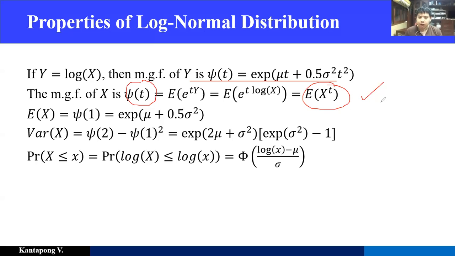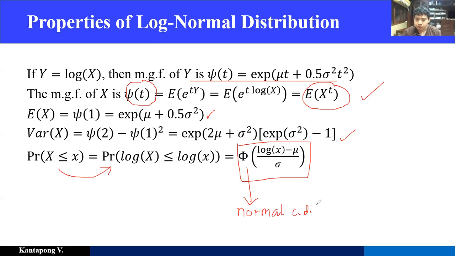Okay, and the exponential of x is this term, and this is the CDF. So for x less than or equal to x, we can substitute log x, and this symbol is the normal CDF. Okay, we just substitute log x.